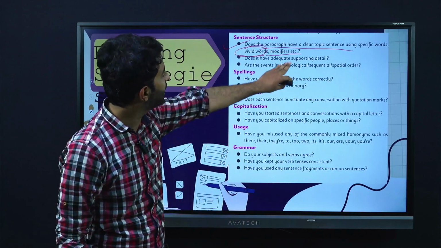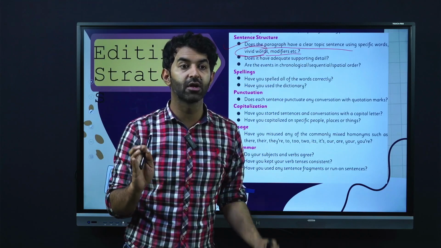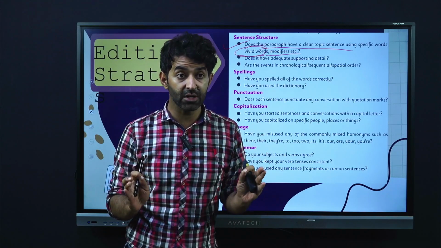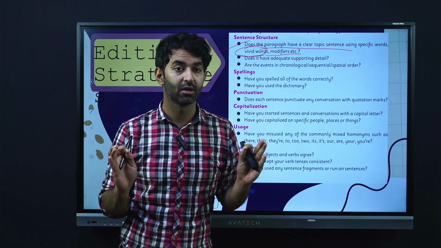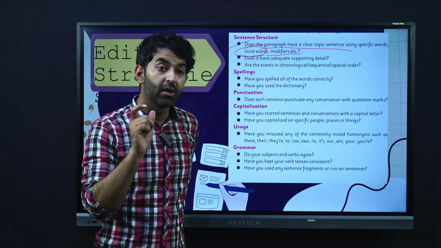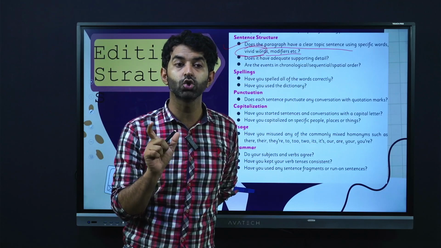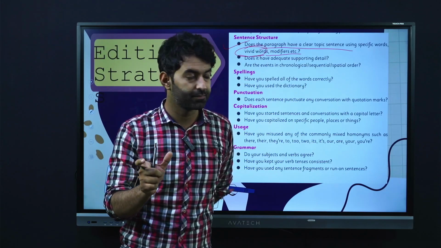So you should be asking: is that the topic sentence of my paragraph, correct? Is it evident? If it is right, then you can move on. And if your topic sentence is full of errors, it means that you need to rewrite it.